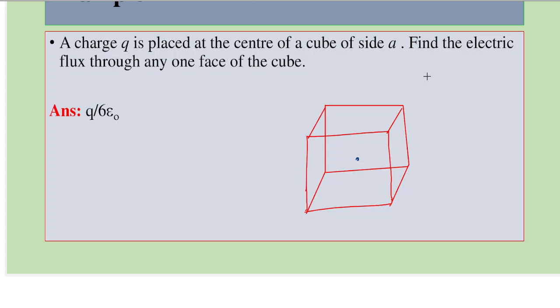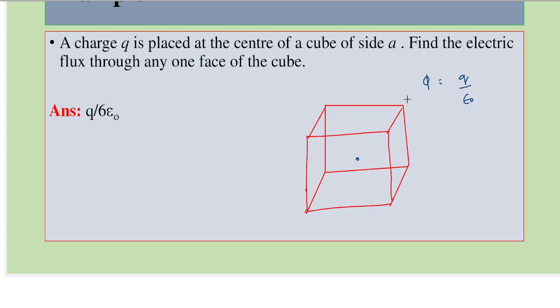So the flux which comes out of the entire cube would be Q by epsilon naught. But the question says find the electric flux through any one face, which means this total flux goes into all the 6 faces.